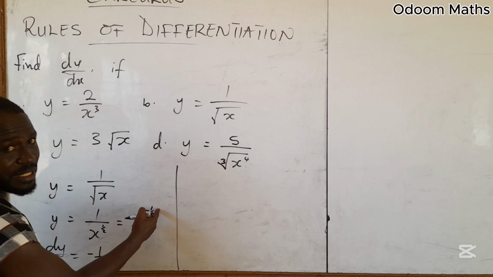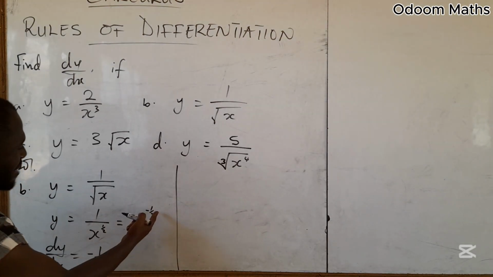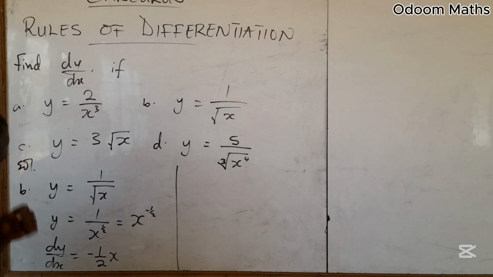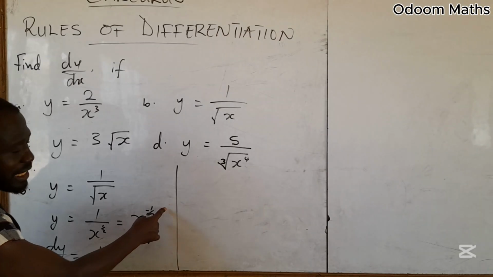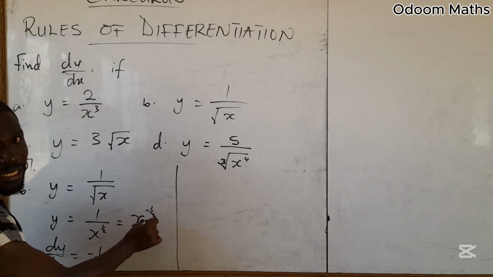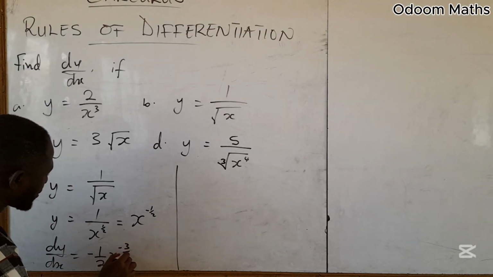Then we take 1 from the power. Negative half minus 1 is just like adding the two negatives. So that is going to be negative 3 over 2, so to the power negative 3 over 2.